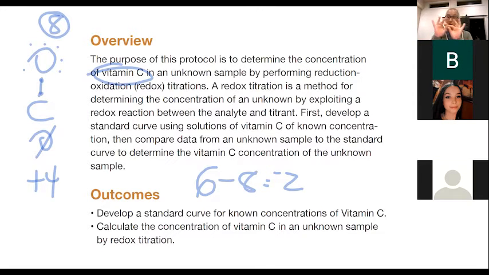And we'll be able to follow the reaction because the titrant, which is the thing that we use to calculate a concentration, that's the known thing, is actually colored. And when it gets reduced, it changes color. It goes from being blue to being clear. Or is it the other way around? I think it goes from being blue to being clear.